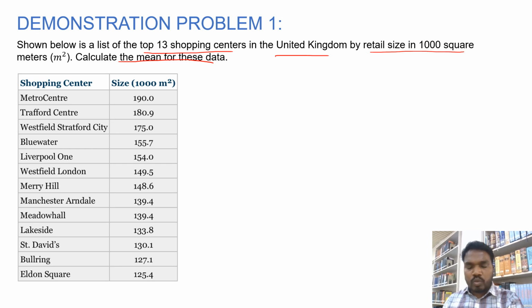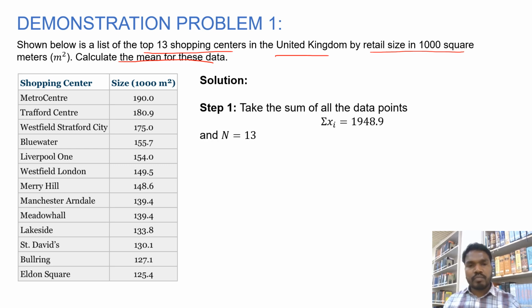So when you have ungrouped data, the first step is to take the sum. If you take the sum of all these data points, 190 plus 180.9 plus 175 plus 155.7 plus 154.0 plus 149.5, and so on, you get this sum. This is the sum of all the observations.